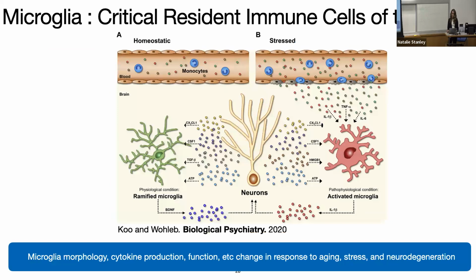And so, yeah, microglia are basically these really powerful little immune cells. And when you're aging or you're experiencing neurodegeneration or, in general, psychiatric disorders, microglia will really respond in a lot of different ways in terms of their inflammatory profiles, or whether they're producing cytokines, and even their morphology changes.